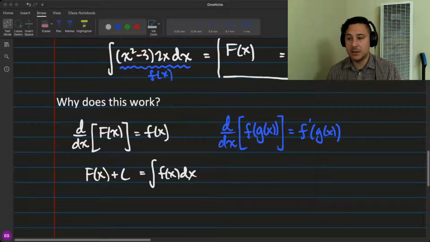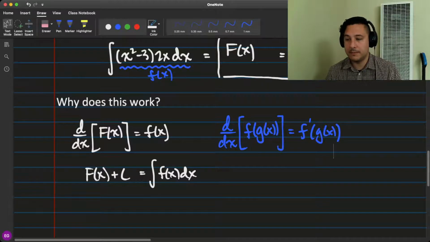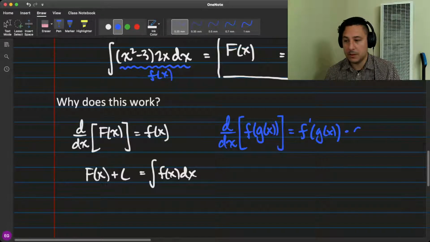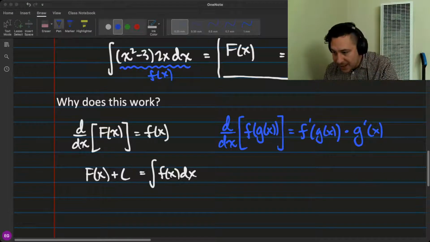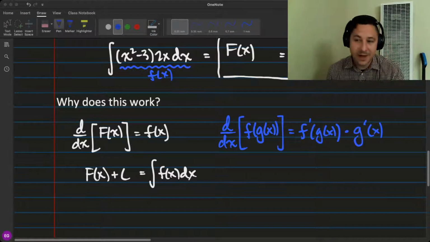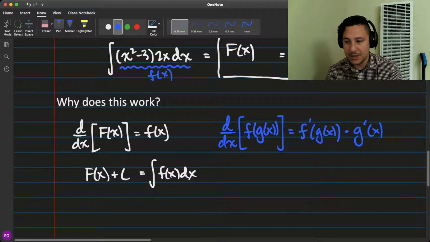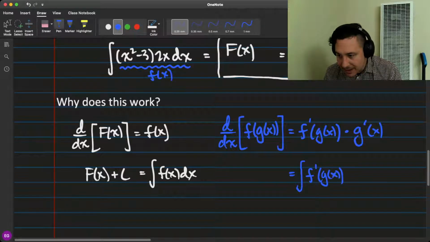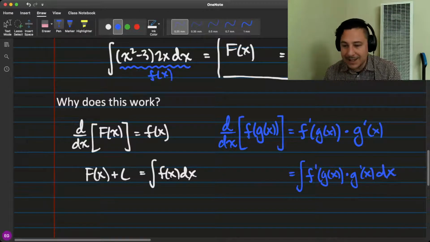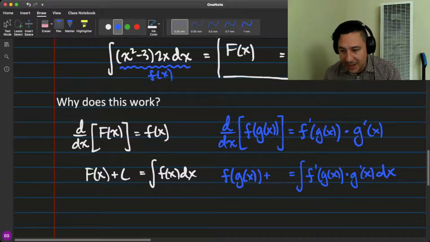We're missing something. Times g prime, yeah. Now, because every derivative rule can be rewritten as an integral rule, that now means that the antiderivative of f prime of g of x times g prime dx has as its antiderivative f of g of x plus c.